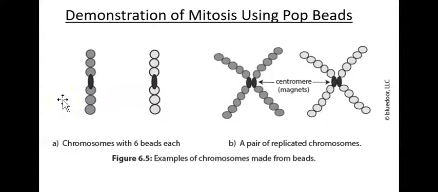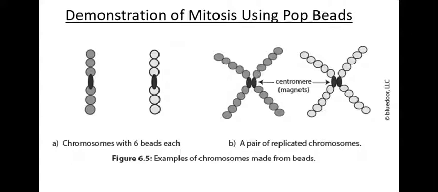So you'll need to pay attention to the length of the chromosome, and we're going to have two versions that I'll show you in a second when we look at the video and go through this demonstration of the movement of chromosomes that are made from these little bead structures, or what's known as pop beads, so that we can move them around and also disassemble and do what's known as a recombination, where we move a chunk of DNA from one chromosome arm to a different chromosome arm.